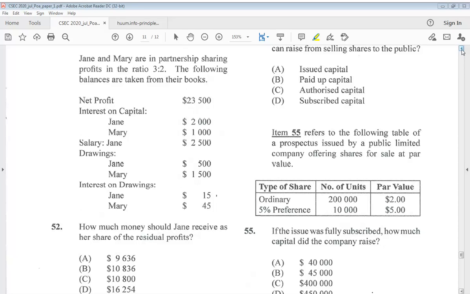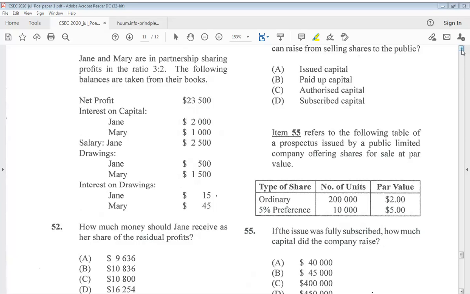And we subtract that from our $23,560, and we are left with $18,060. So that's the $18,060 is actually the remaining profit or the residue. That's it in the accounting term.